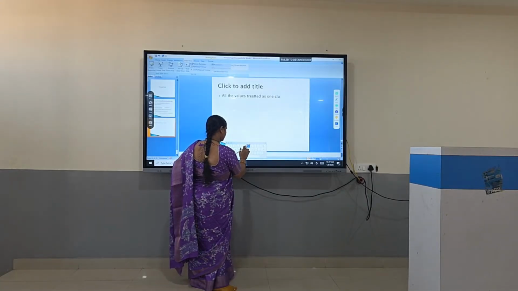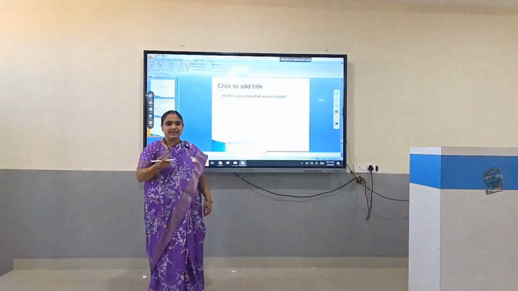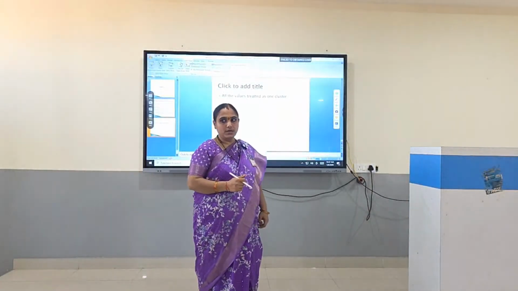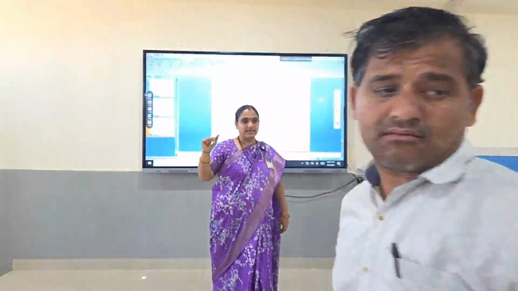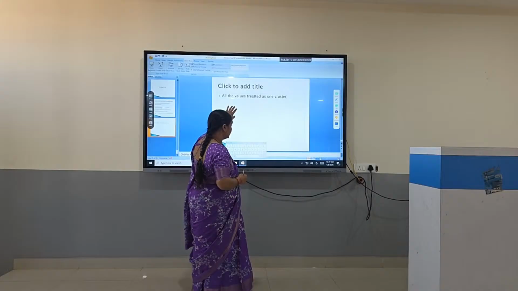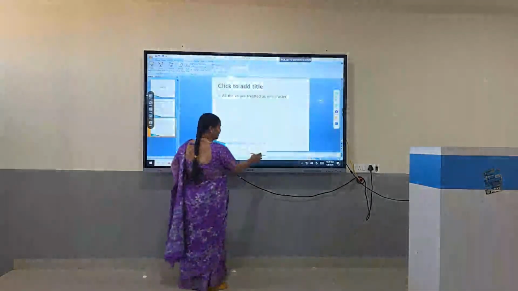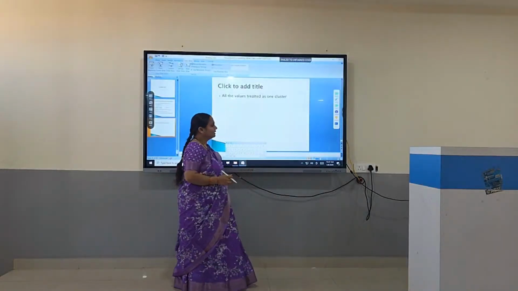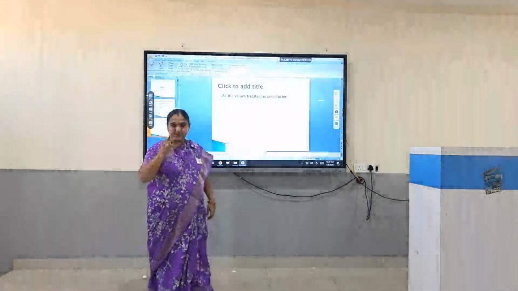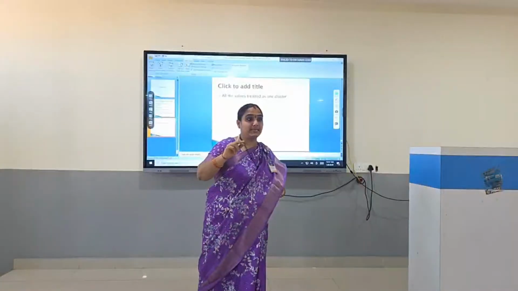Now how will it divide? In divisive clustering, all the values are treated as one cluster. After that, it will use MST. Do you remember MST? What is MST? Minimal spanning tree.